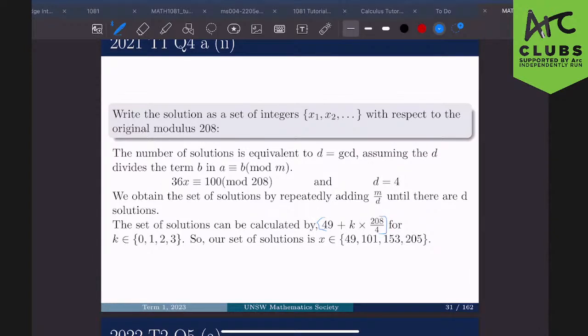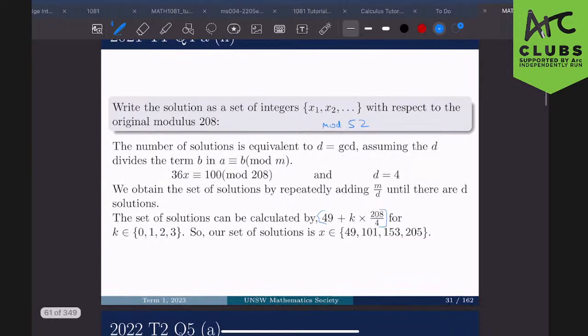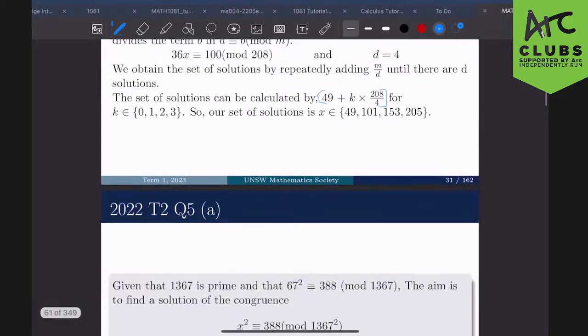And this will give us our set of solutions. Because in our previous question we had only gotten one solution, with respect to mod 52, but we're being asked to find solutions with respect to mod 208. That's where we have to do these steps.